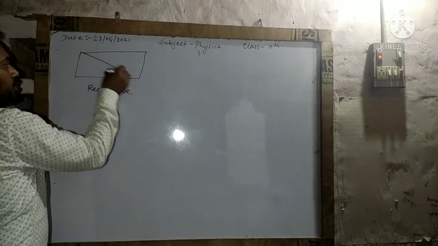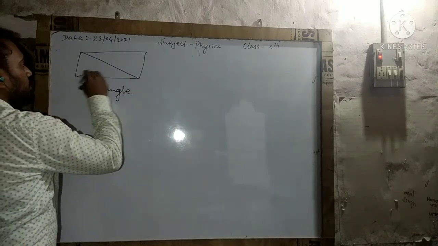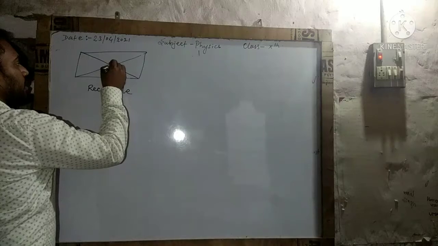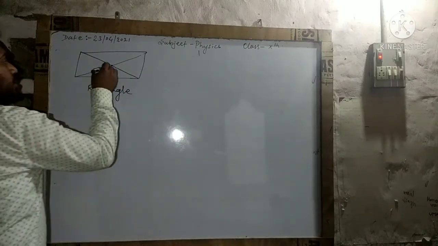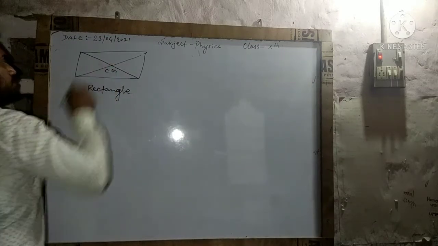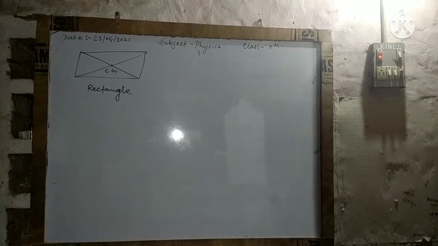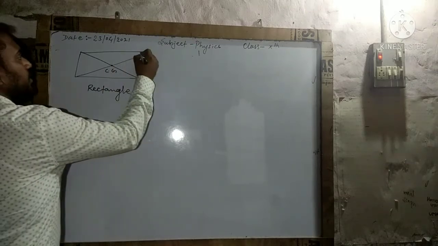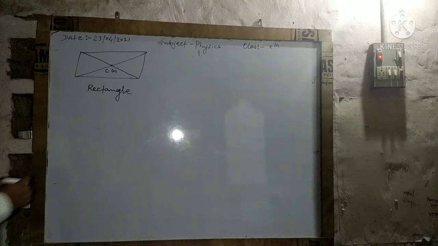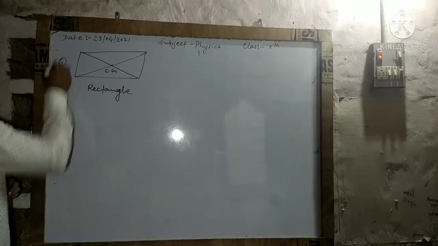We will draw the diagonals and they will cut at some point. There will be the center of gravity. It means that where the diagonals of a rectangle intersect each other, that point will be the center of gravity of a rectangle.